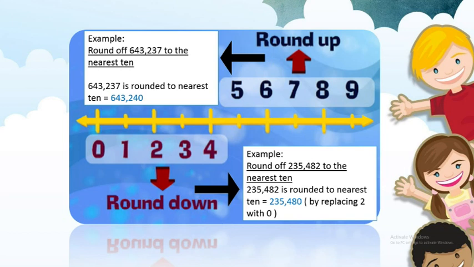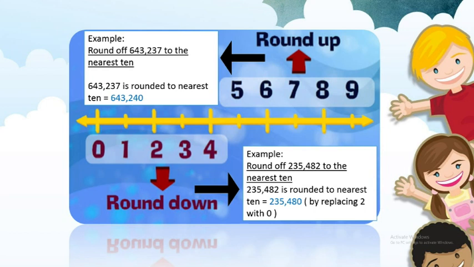643,237. Round to the nearest 10. Same way, first you have to find the place value and the next number. First you have to circle the place value. The place value of the tens place is 3. The next number is 7. So you have to circle 3, underline 7. Okay, now let's look at the next number. Students, is 7 less than 5 or more than 5?